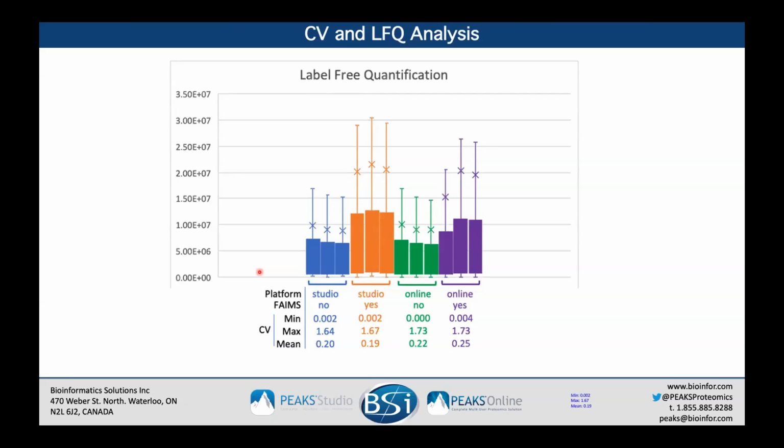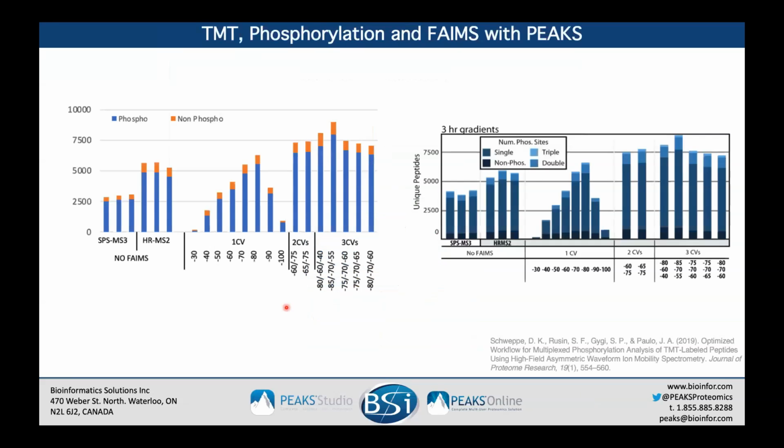We take this data and run it through the various platforms with or without FAIMS in Studio or Online. What we see is a mean CV ratio of around 0.2. And so we see reproducible label-free quantification across the various platforms, regardless of whether FAIMS was employed.